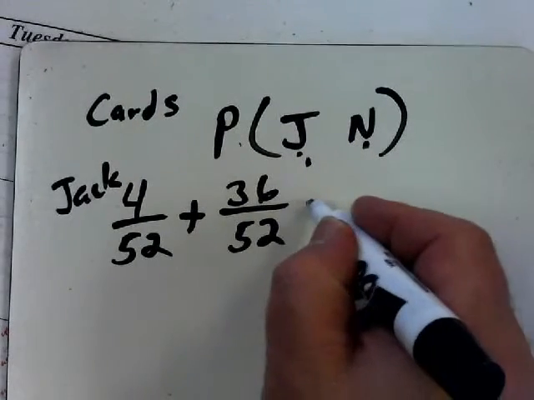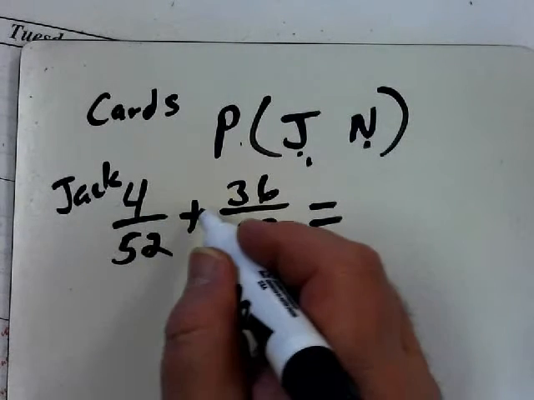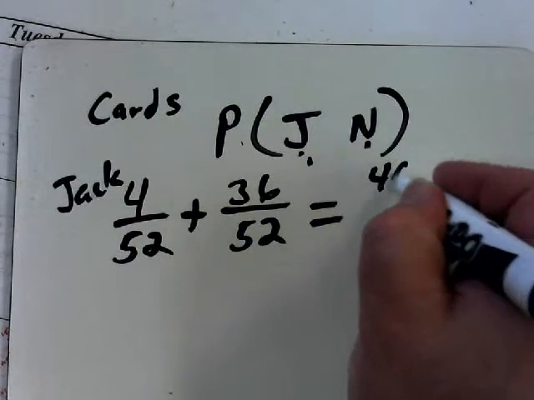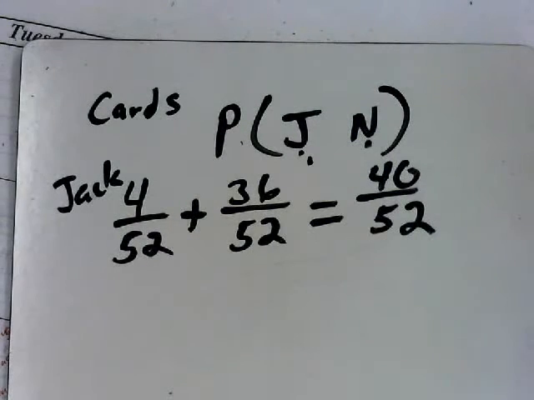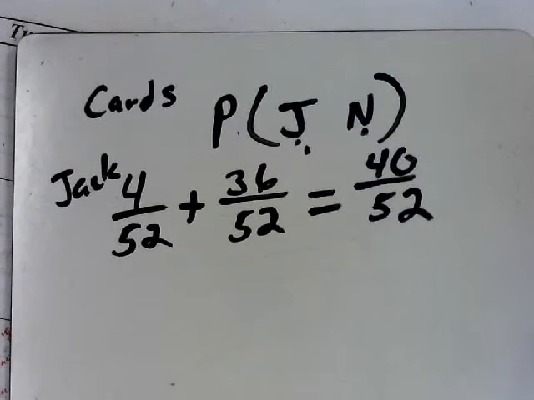So to find this total probability, by adding, I'd have 4 over 52 plus 36 over 52. 40 over 52. When you're adding fractions, you never add the denominators, but they have to be the same.